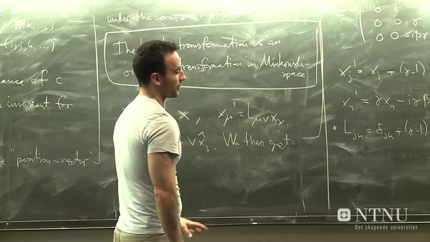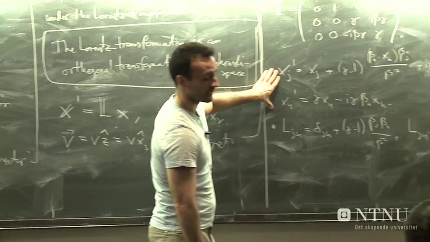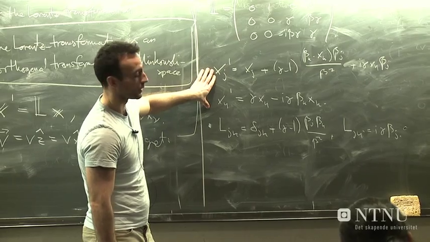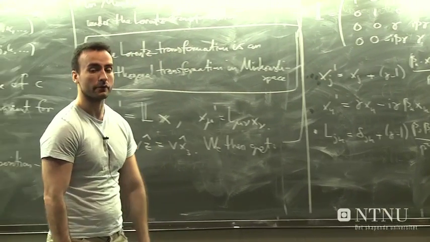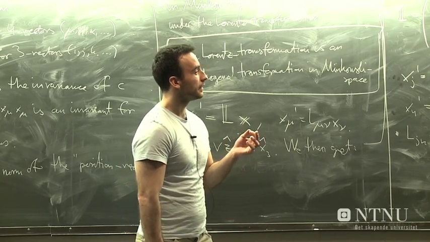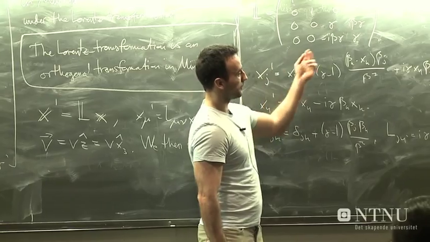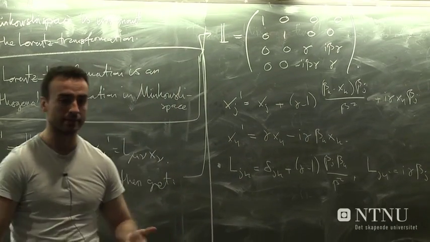Okay, so then I have a challenge for you. Using these transformation equations, which now have been written in component form, what is L44? So the general 4-4 element, the element in the 4th row and 4th column, for an arbitrary transformation, arbitrary velocity.